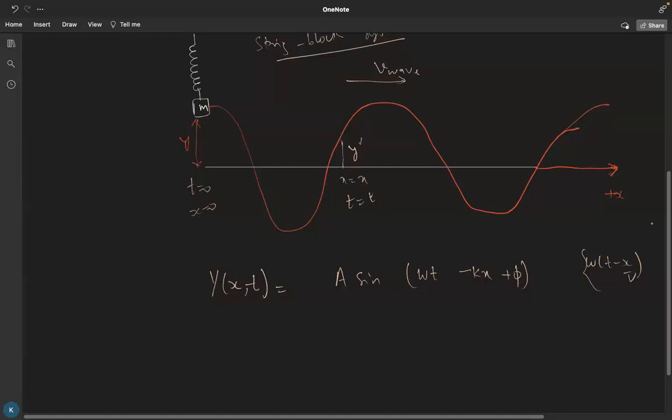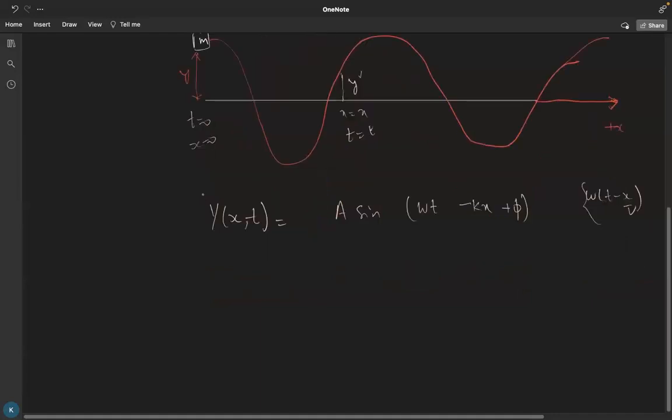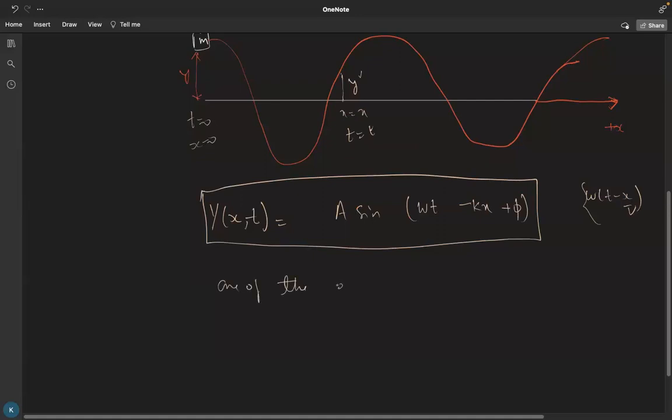So right. So this equation is one of the equations of a traveling wave, and the wave is traveling in the positive x direction with a velocity of something v, right?